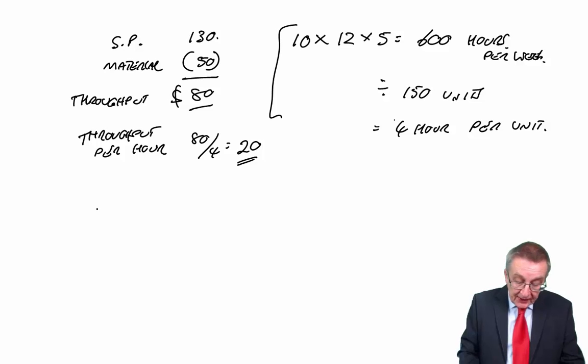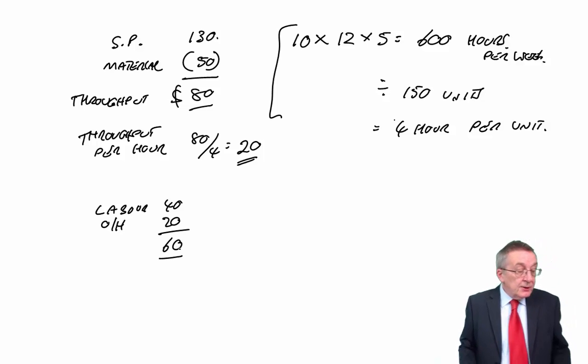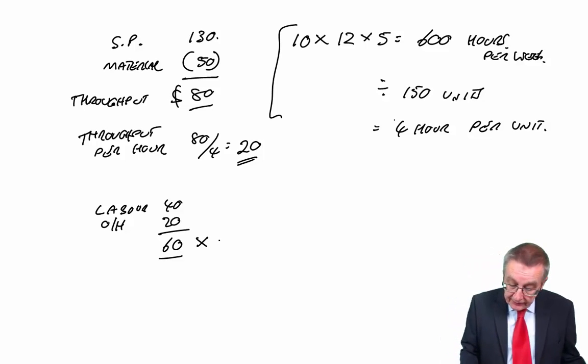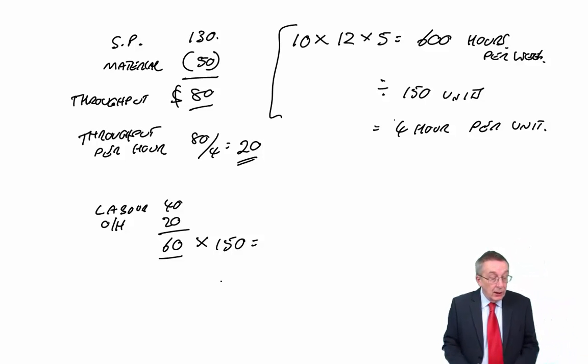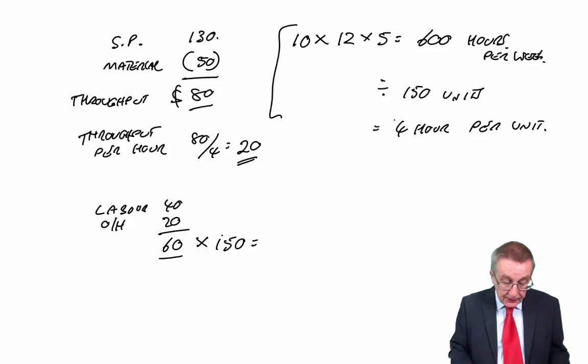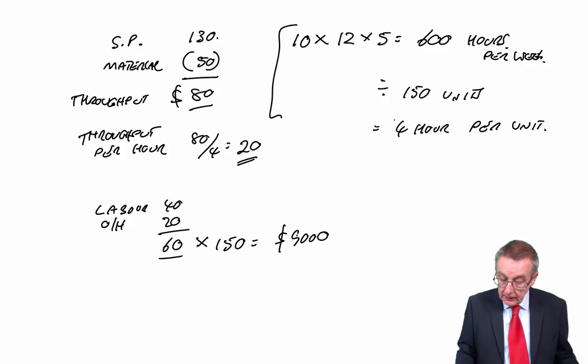And so there's labour of 40. There's overheads of 20. So the total costs are 60 per unit. 150 units a week gives total costs of 60 times 150, 9,000.